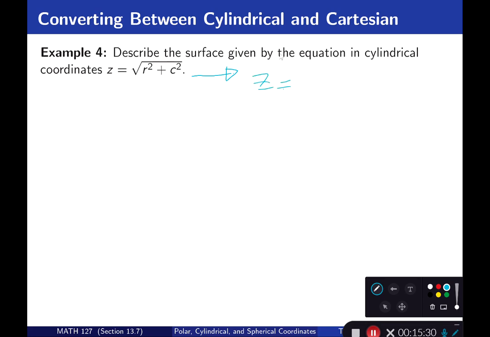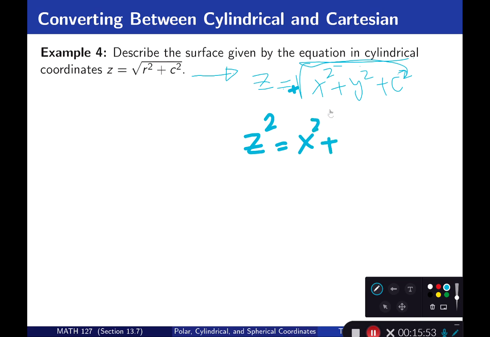R squared is x squared plus y squared, plus c squared. Again, this seems to be part of a quadric surface because it's only positive here. Let's square both sides to recognize this a little better.